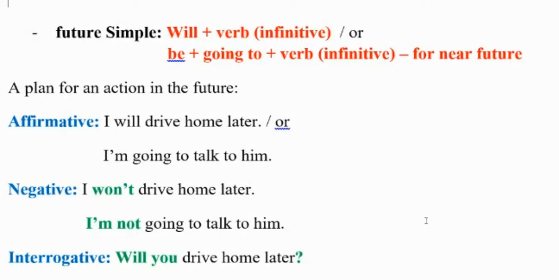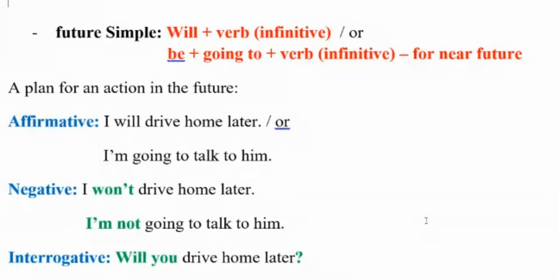Something that's far away. We can use shall also, not only will: I shall. Alternative to will. And the negative form of will, won't, which is also irregular, and shan't for shall.